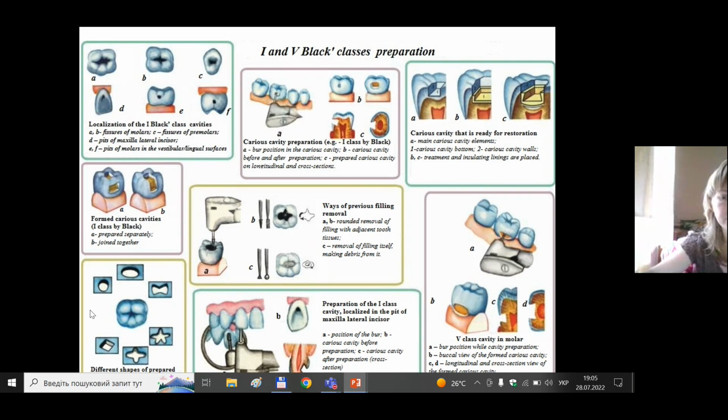And here we have different possible shapes that can be prepared, depending on the affected area of the tooth crown.